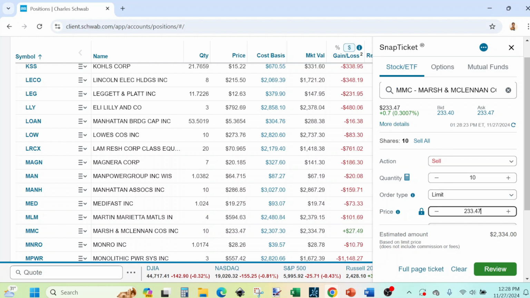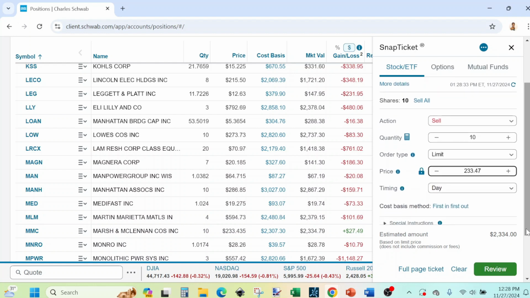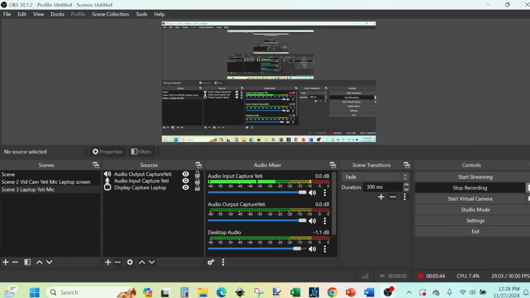And we make sure we are selling in the right account, and out of those 3 prices, we are going to go with the price it is currently selling, which is $233.47 a share.